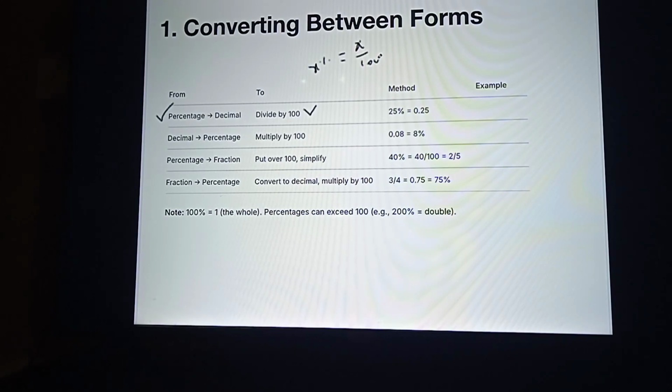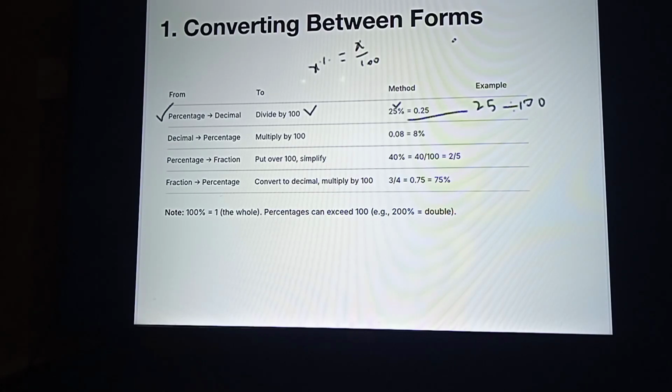Now in this case we have the example of 25%. So divide this 25 by 100. 25 divided by 100 will give us 0.25.